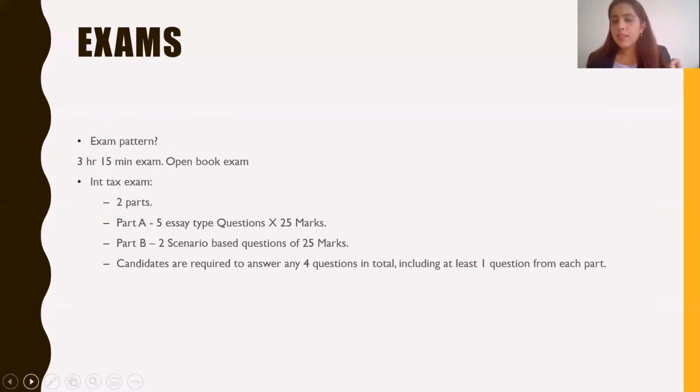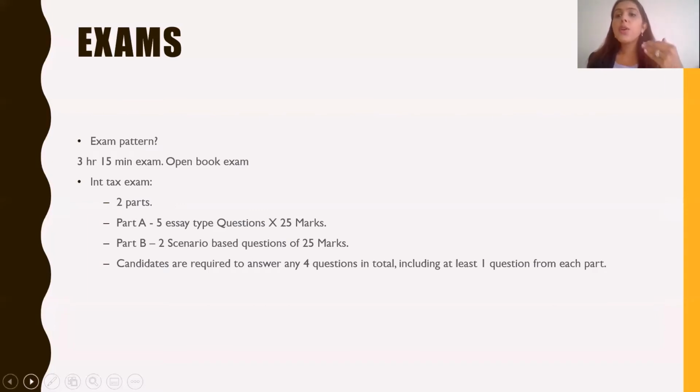How is the exam pattern? This exam is a 3 hour 15 minutes exam. Again, as I said, it's an open book exam. For international tax, the exam is divided into two parts. Part A consists of 5 essay type questions.